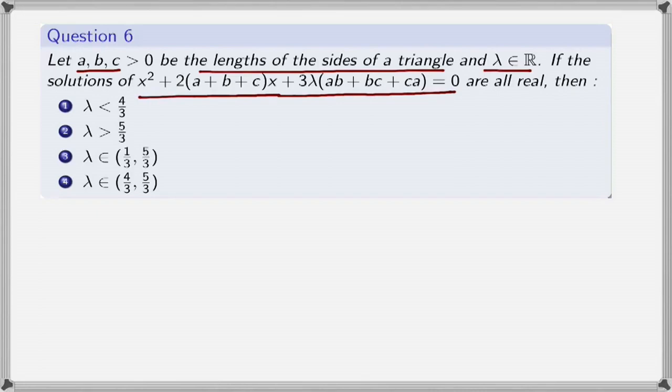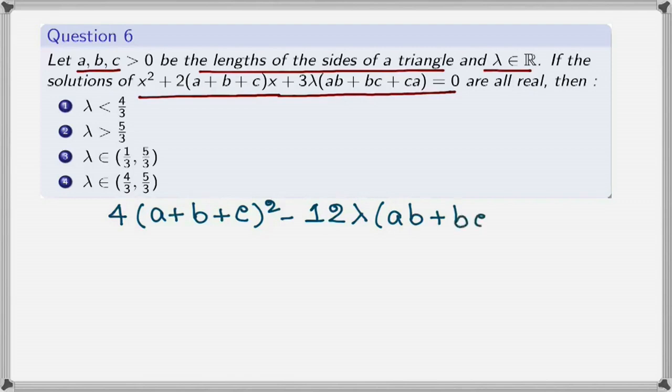And the condition is 4 into (a plus b plus c) whole square minus 12 lambda into (ab plus bc plus ca) is bigger than or equal to 0.